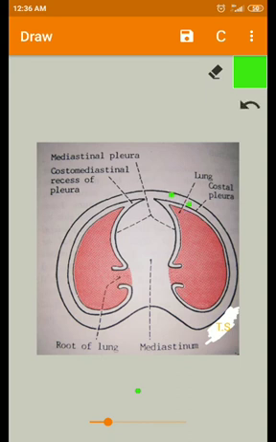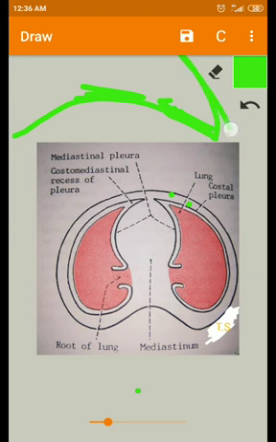This is the costal part, and this is the diaphragmatic. So this becomes the peripheral part and this becomes the central part. The peripheral part and the costal part are supplied by the intercostal nerves, whereas the central part of the diaphragmatic pleura and the mediastinal part are supplied by the phrenic nerves.